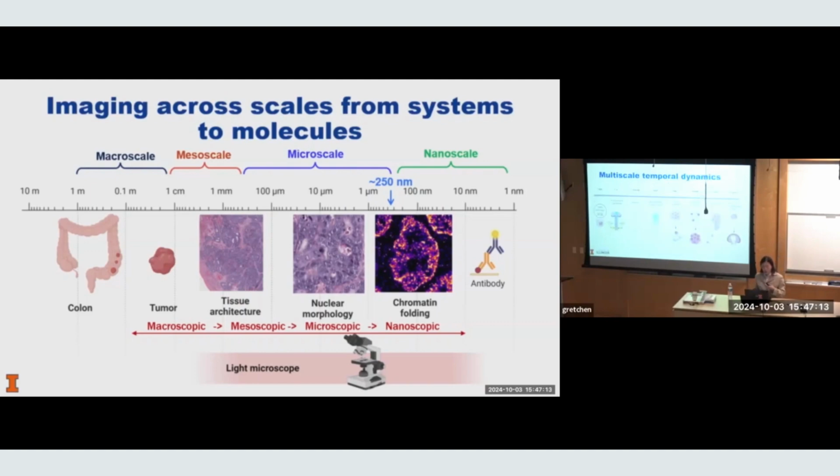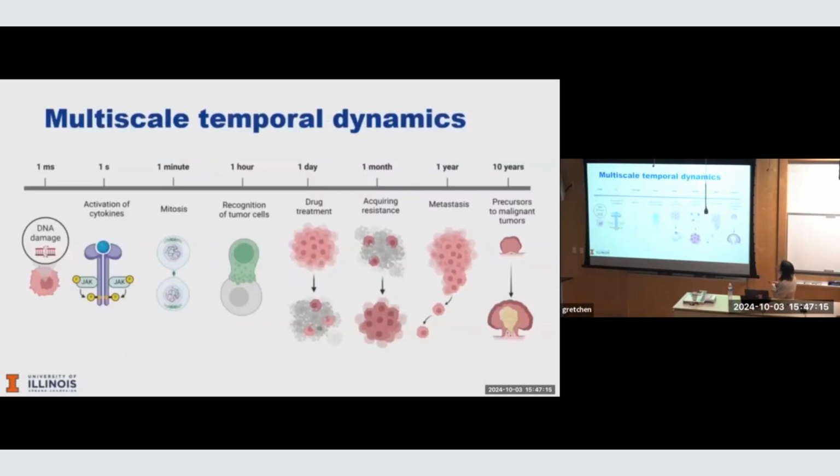The same multi-scale problem applies to the temporal scale. Lots of fast dynamics happen at the millisecond scale, and some disease development takes months or years. Light microscopy can play a very important role in capturing these dynamic changes over time as well.